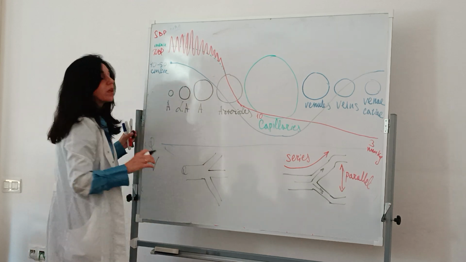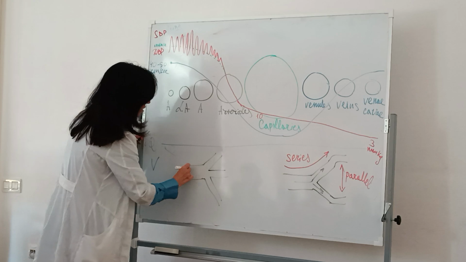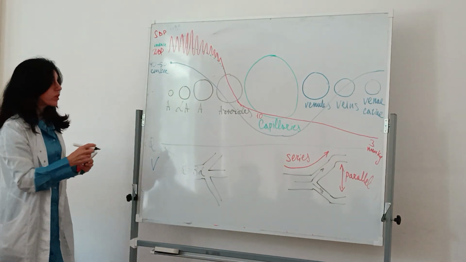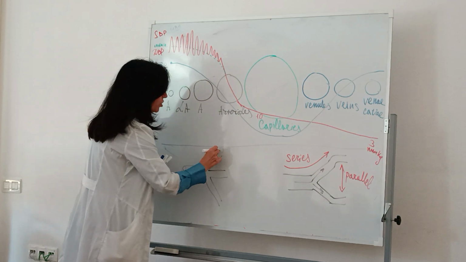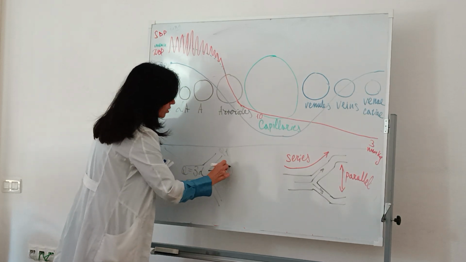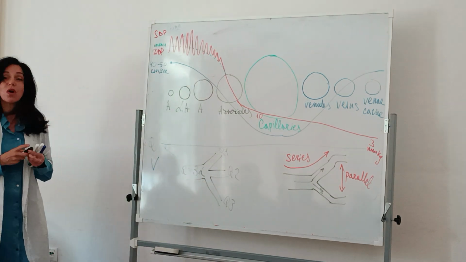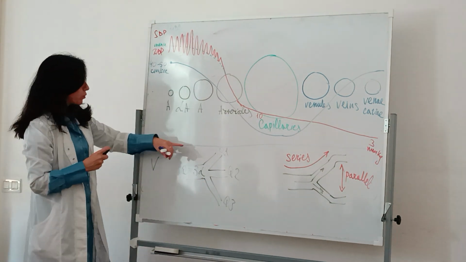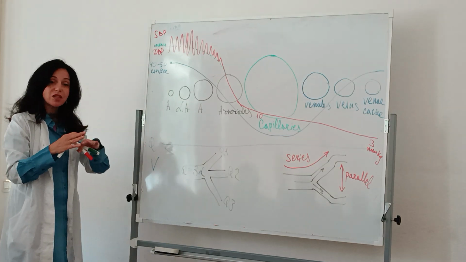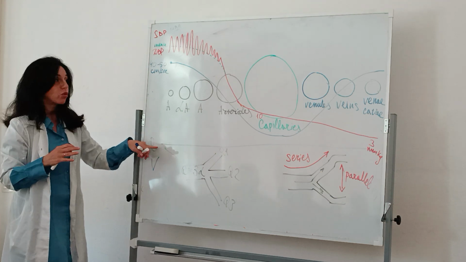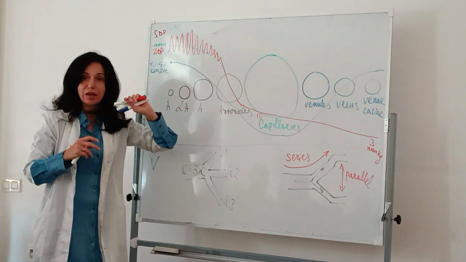Incoming blood Q, for example, 3 liters. What will be Q in each branch? Q1, Q2, Q3. It doesn't mismatch with the total Q, total Q for all the square.